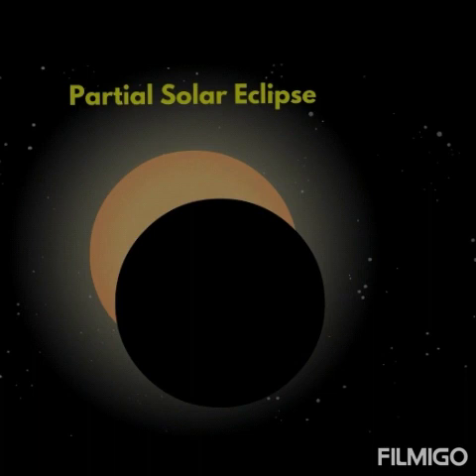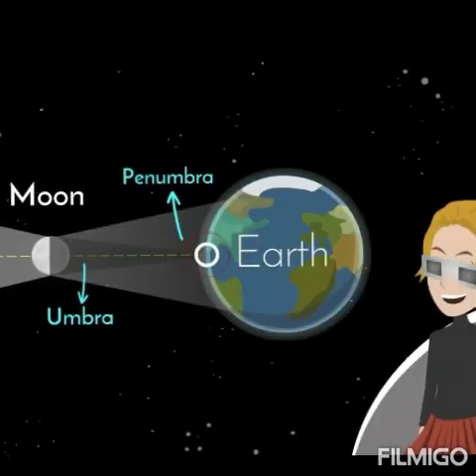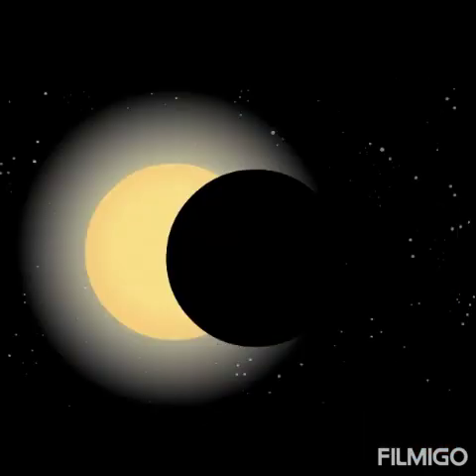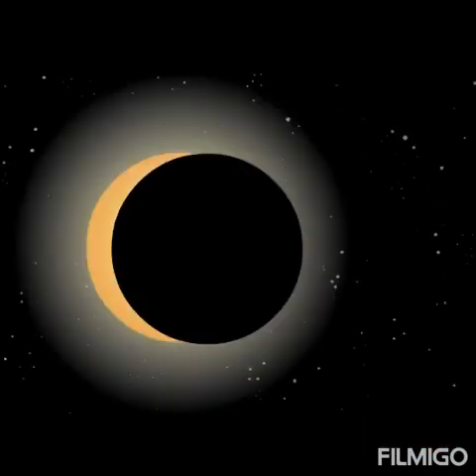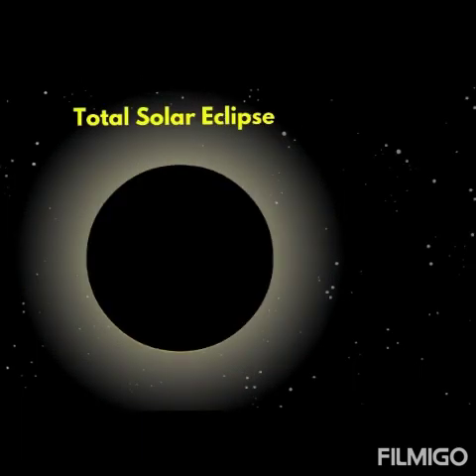But when we are in the umbra region, the moon covers the sun entirely and the sun becomes invisible. Therefore, we experience total solar eclipse.